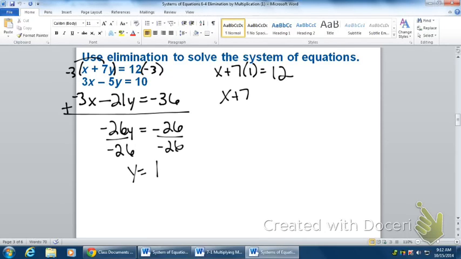Go ahead and work that out. Minus 7 from both sides, and you are left with a positive 5. So your solution will be 5, 1. Make sense?